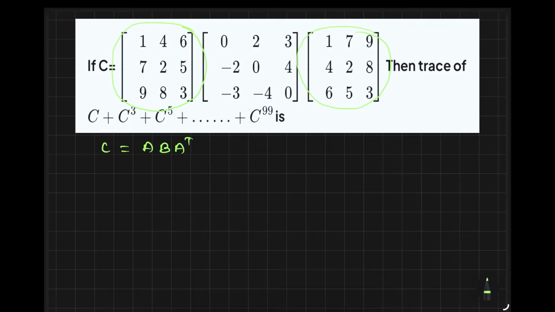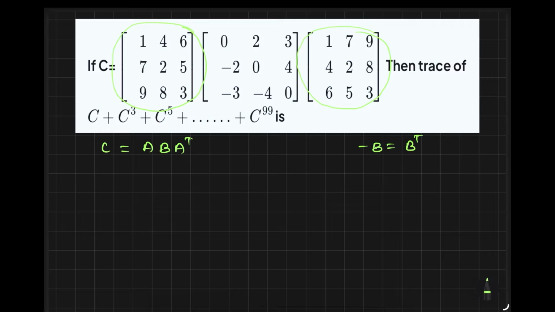Now focus on B. So who is B? B, if you will observe now, you will find that the transpose of B is nothing but minus of B, correct? Just look at this. So what I am trying to do, this question uses transpose, so I'll go with transpose.